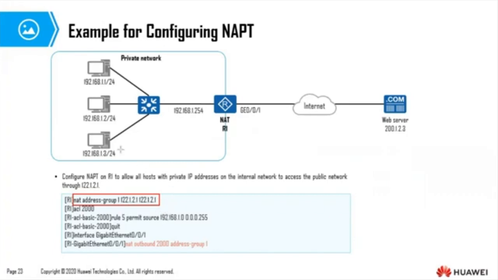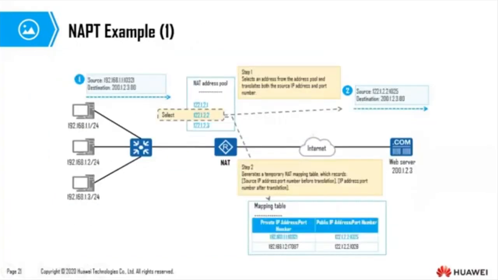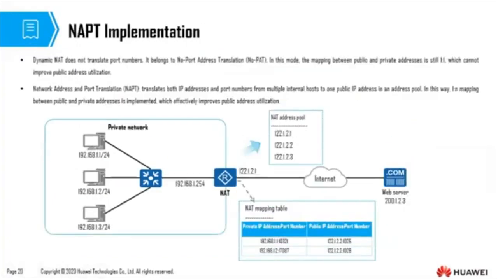Okay, so in network address port translation, you have a number of public IP addresses in your pool. On the other hand, with easy IP, you only have a single public IP address in your pool.